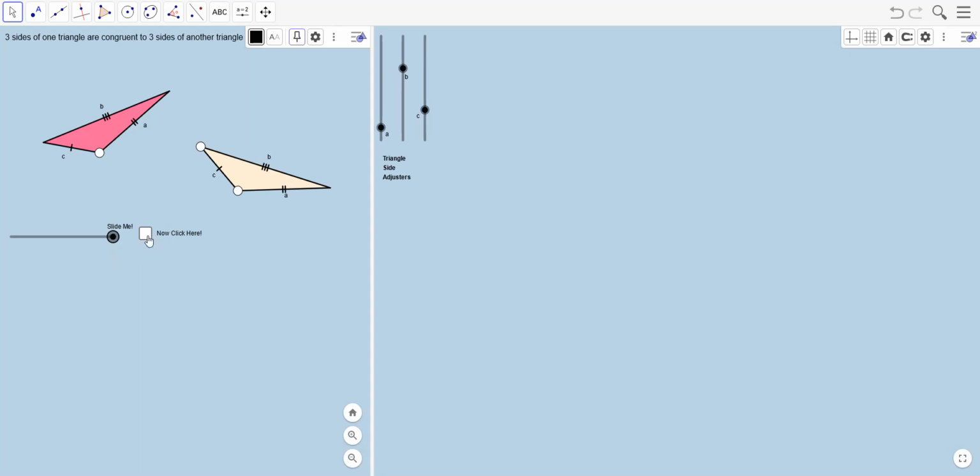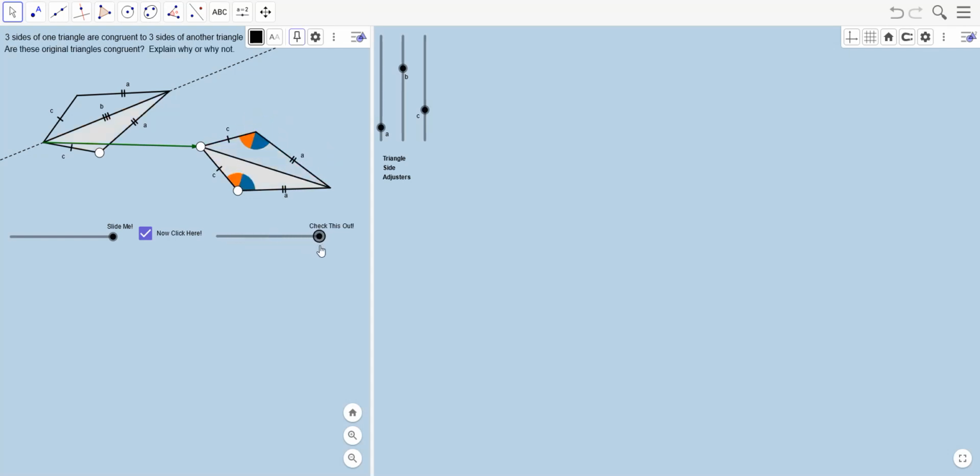Now we should be able to get there via some sort of transformation. One way we can do it is, in this case, we flip that over. Let's see. And slide it over like this. And we can see that those triangles are congruent now by side-angle-side. And you see those angles are congruent.